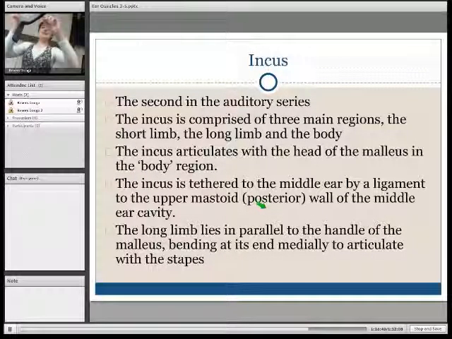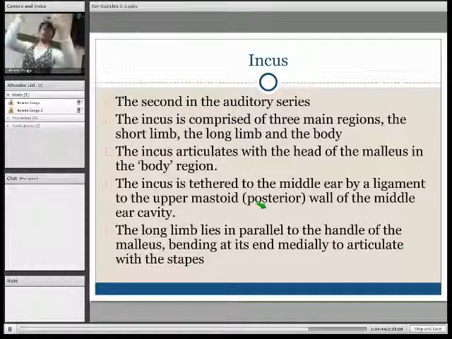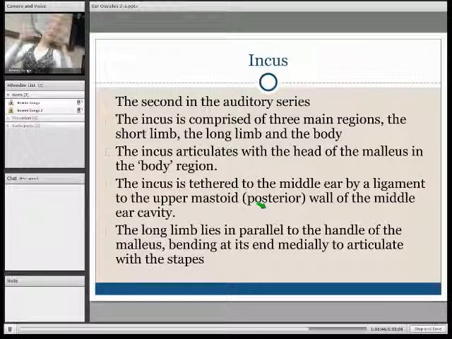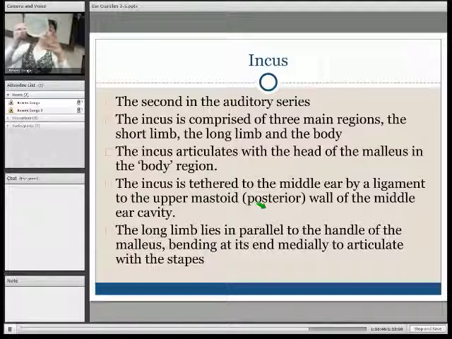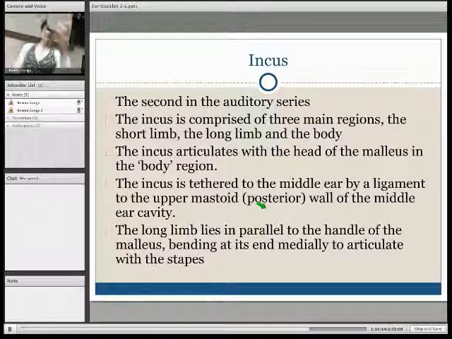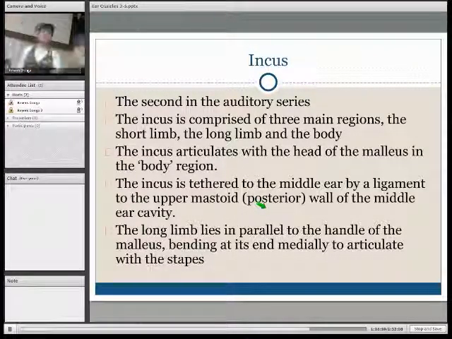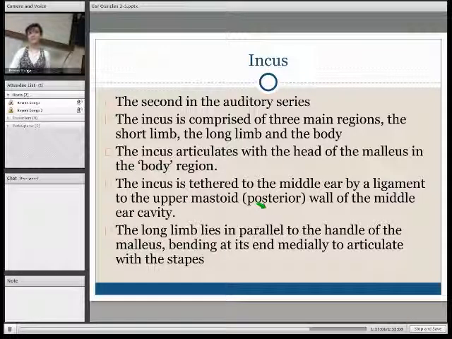It has a short process which goes off that way, and a longer process which projects medially in parallel to the malleus. As it projects medially, it will articulate with the stapes. And it is also suspended by ligaments in the cavity.